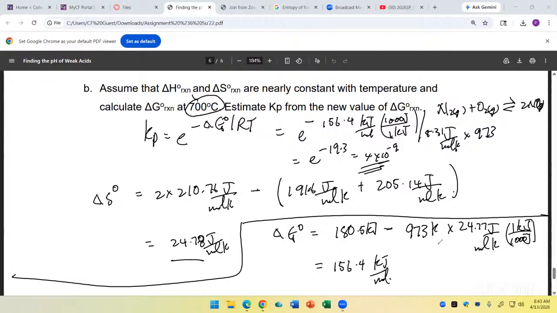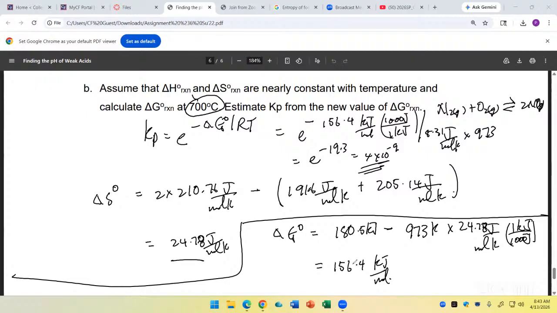And therefore, how does that change things? I don't think it's going to change things by much. Let me see here. So 973 times 24.78 divided by 1,000. And then I'm going to subtract from that 180.5.